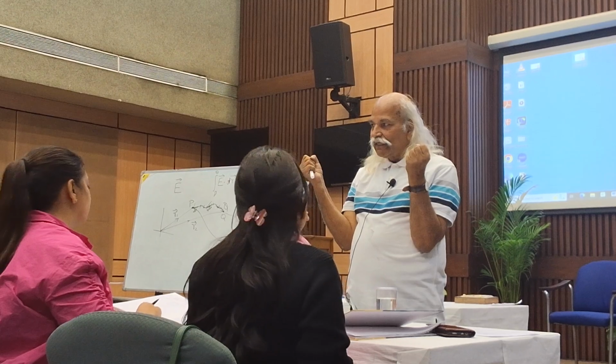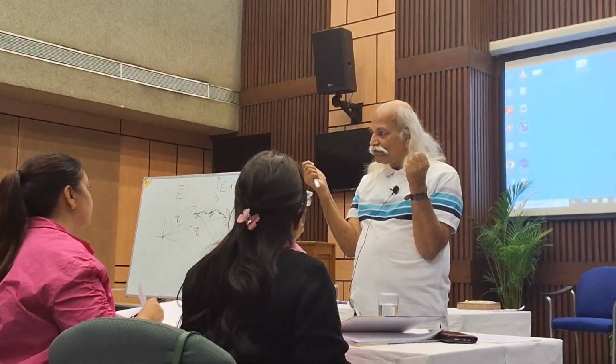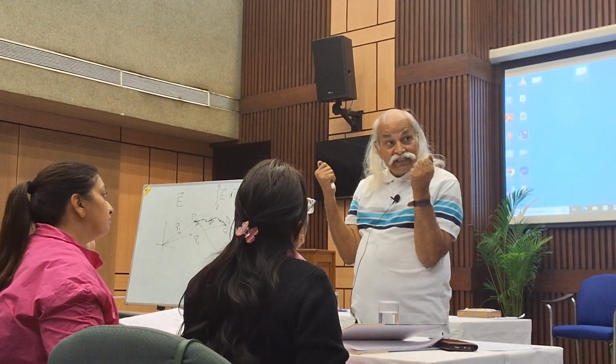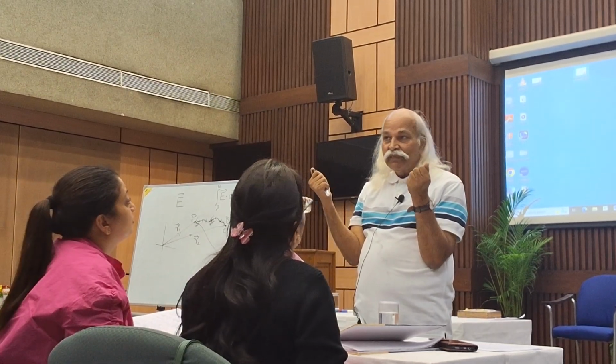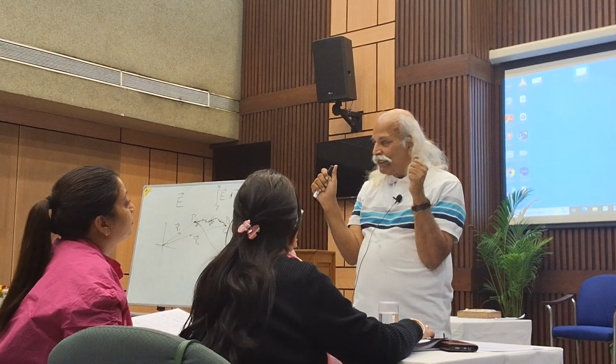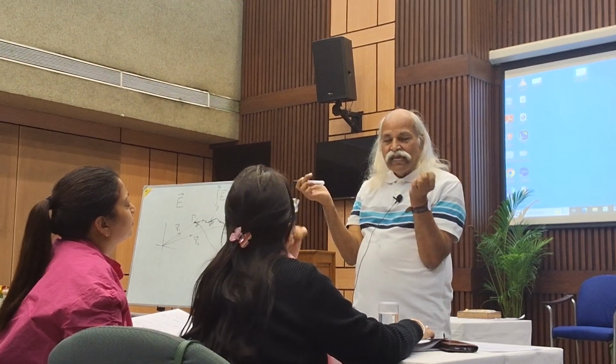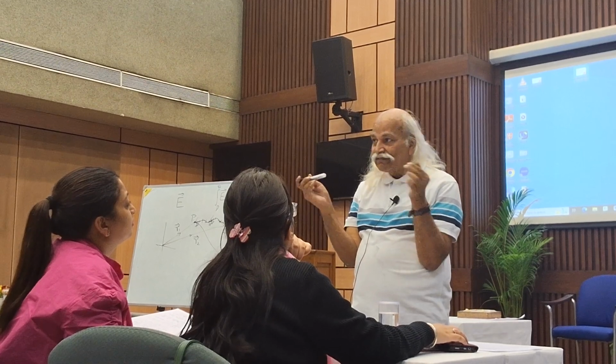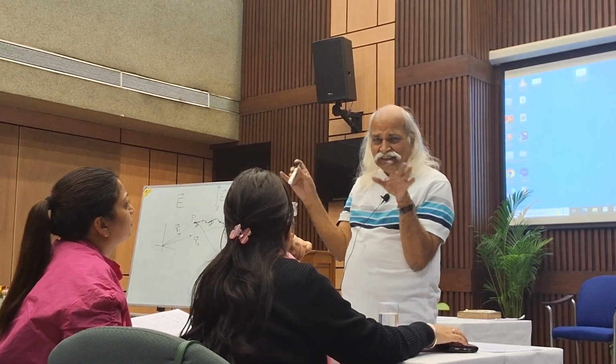Okay? Because Newton's third law is based on the fact or assumption that the two objects A and B, if they are exerting forces on each other, this force does not depend on any kind of history. It depends only on the positions, and the forces are towards each other, and several things.